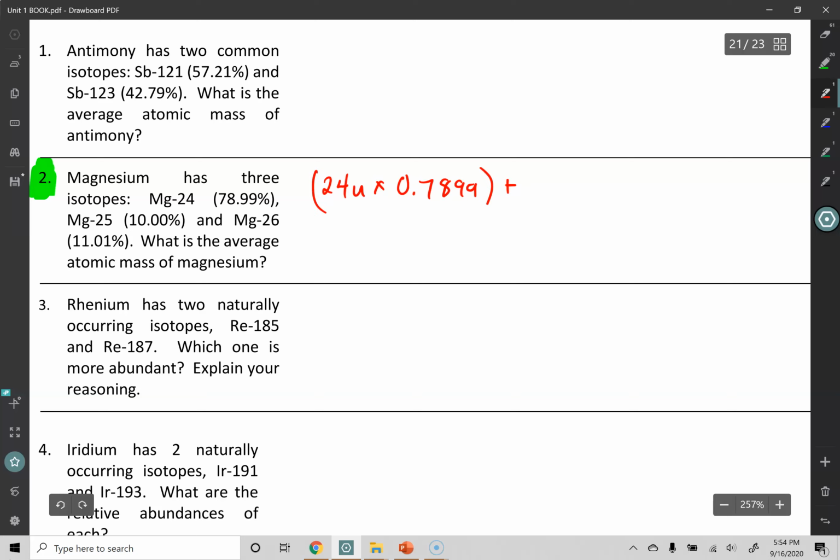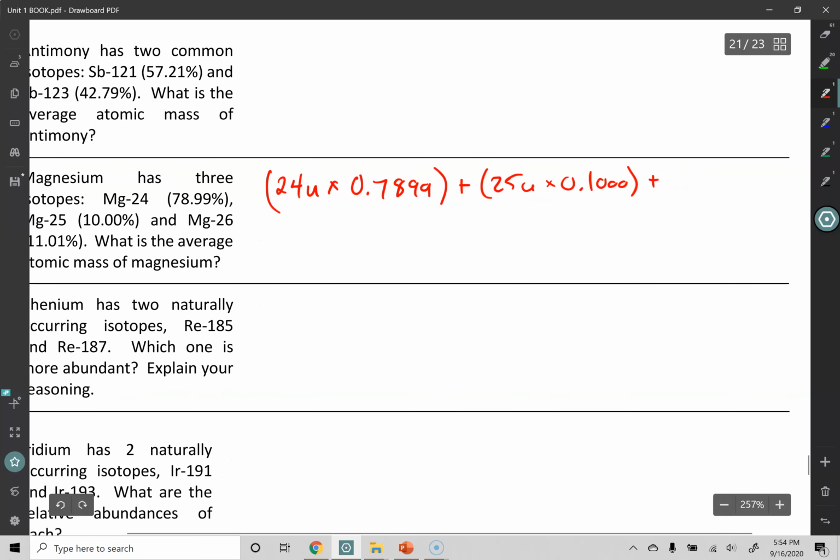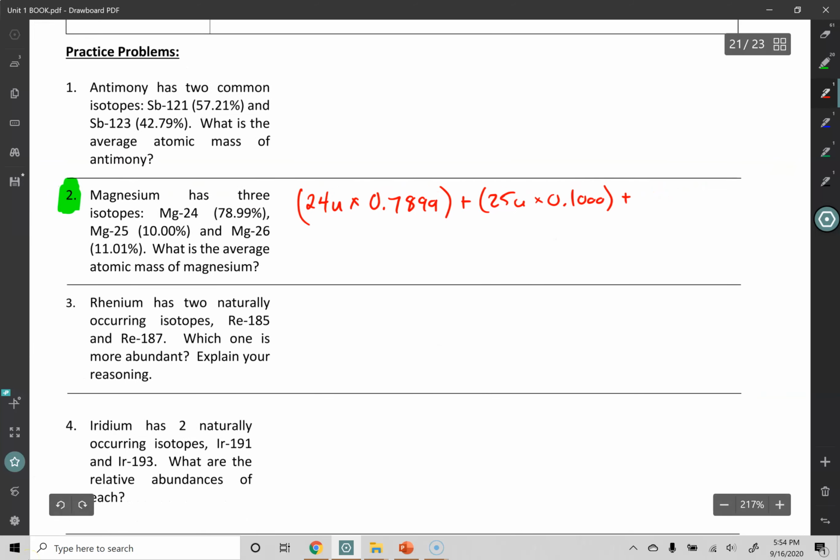And you're just going to add them up. 25U times 10%. And 26 times 11.01. Make that a little bit smaller so I can get it all on the screen.